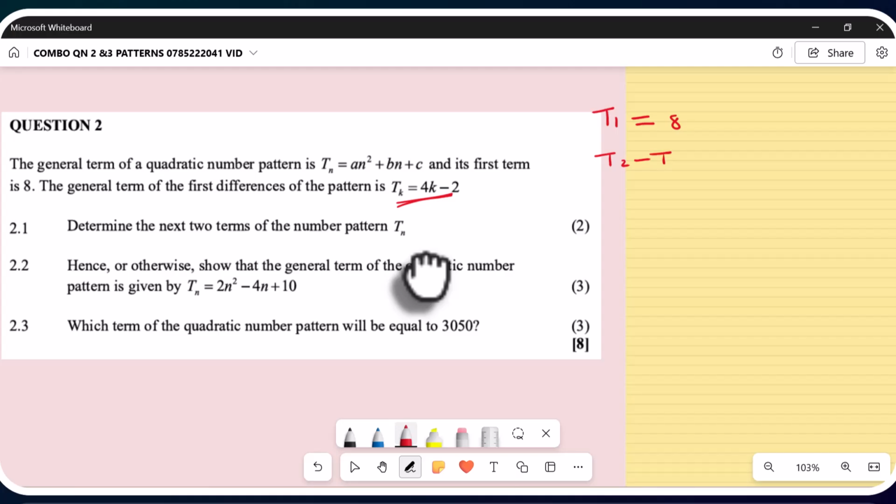After getting the a as 2, to get our b, we said we're going to use 3a plus b equals d1, and that d1 is this 2 here. So it equals 2. But our a is what? Our a is 2.